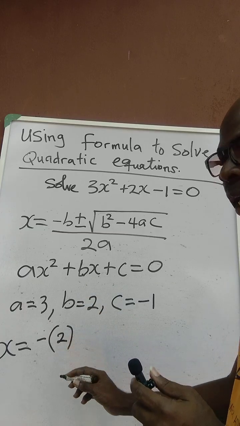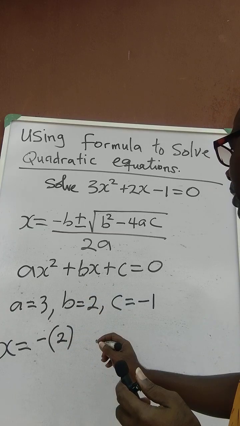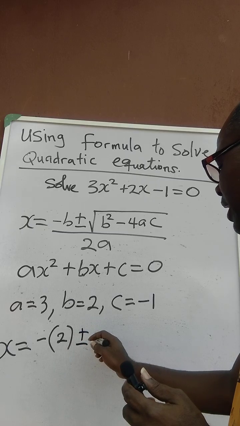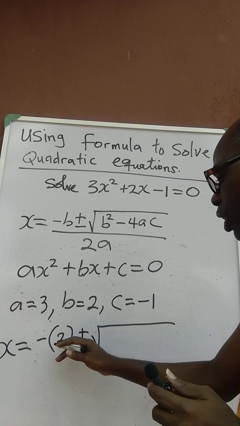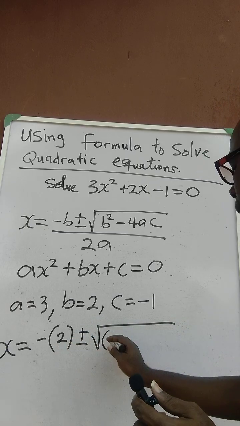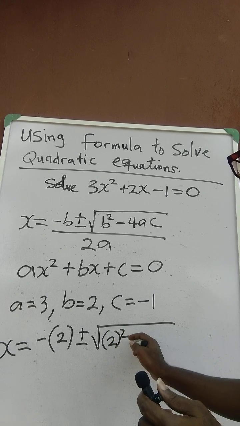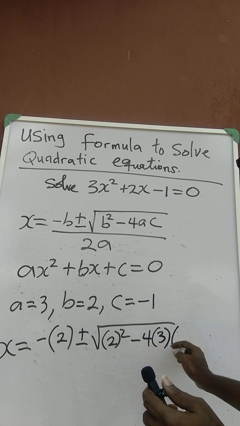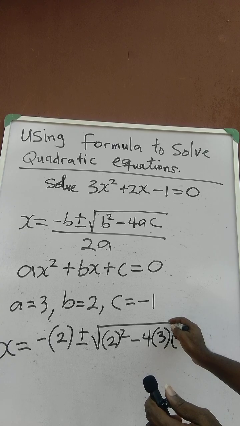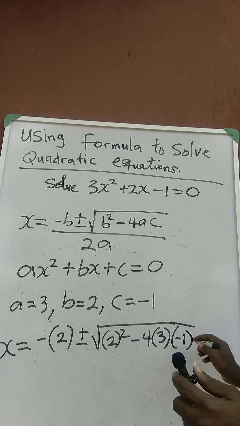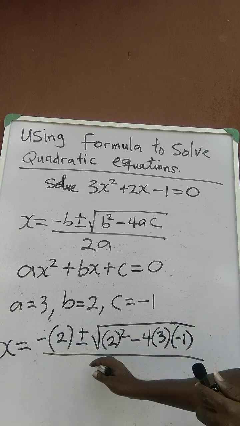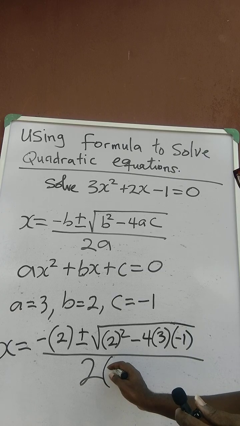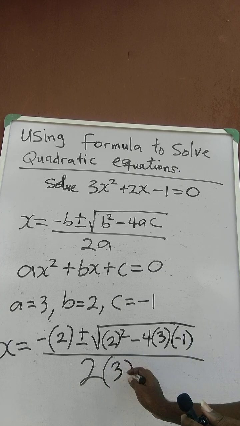When you put it in bracket, there will be no mistake made, because mistake is easily made when you don't put it in bracket. Now we have it as 2 squared minus 4 into 3 times minus 1. Remember the bracket I told you about. So all divided by 2 times 3.